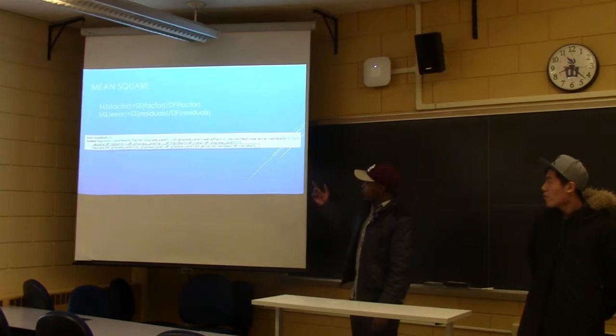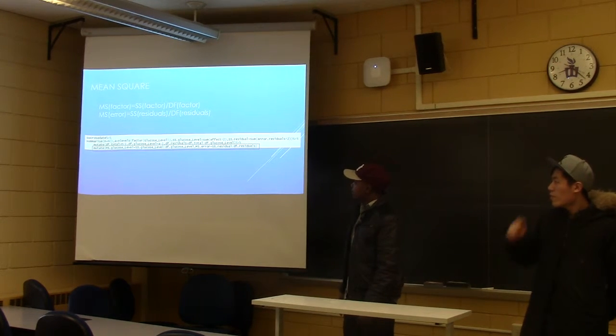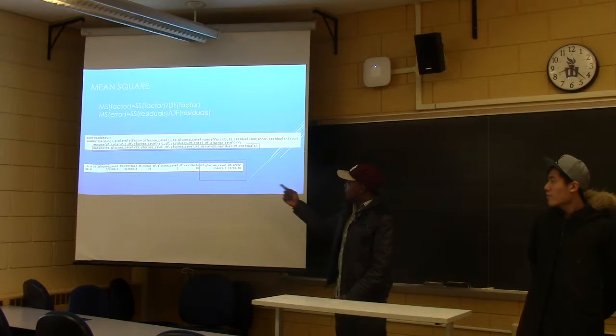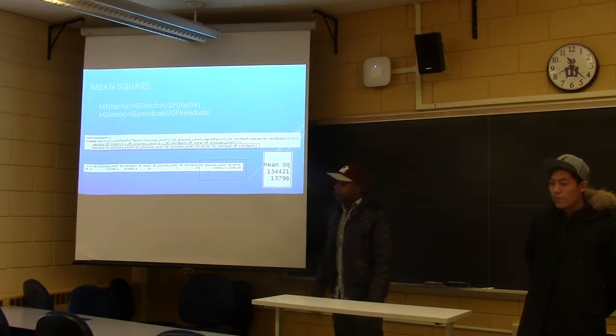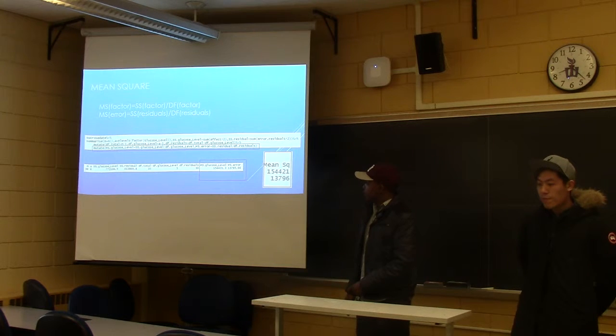When you write down the code, you have the red parts mainly to look at, and when you do that, you have that as the result, which matches the ANOVA table. So we can verify that the mean square is true.